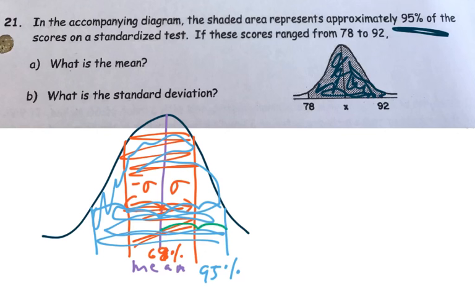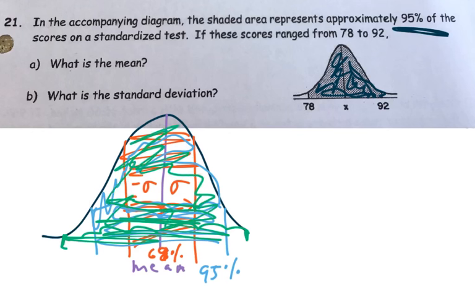Finally, if I go out three standard deviations each way, from here to here, I essentially have everything, including the red and the blue, all the way out to the extremities of the green. Three standard deviations each way is almost everybody. That's 99.7% of the data, and that's called the empirical rule, okay? Well, anyways, let's get to the actual question here.